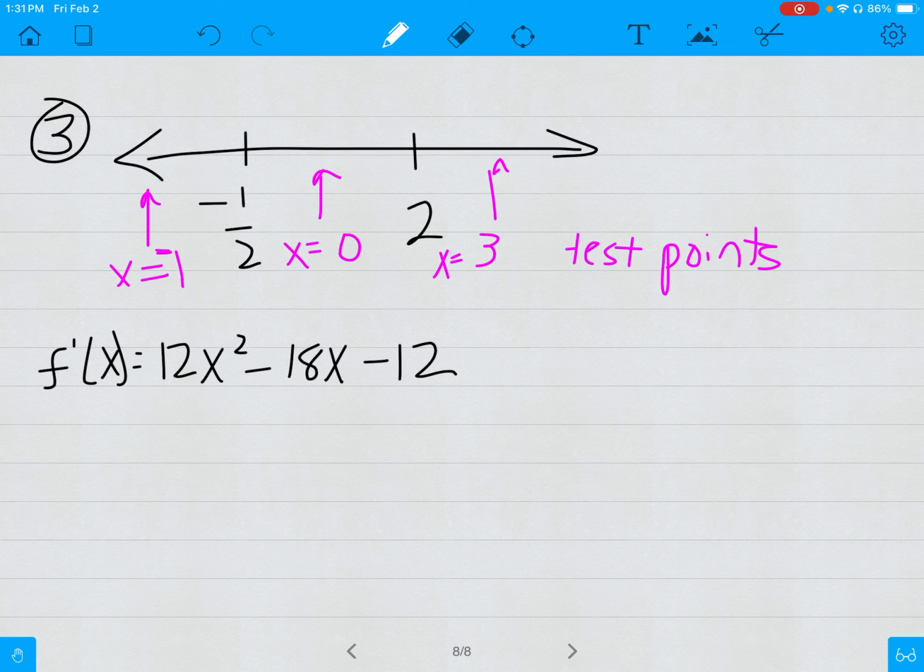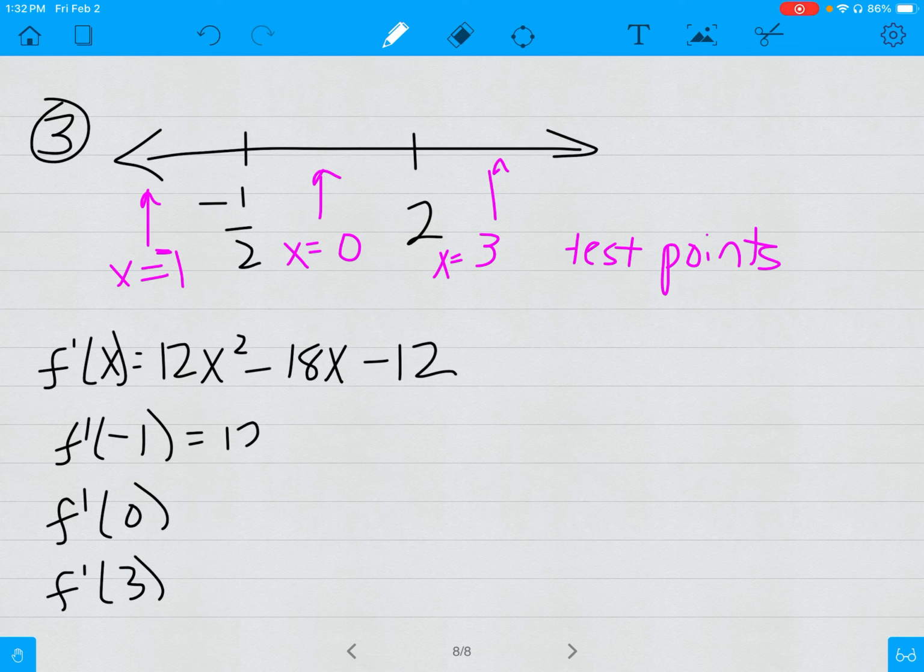Okay, so that is our derivative. And I want to find f prime of each of those 3 test points that I've picked. So I want f prime of -1, f prime of 0, and f prime of 3.